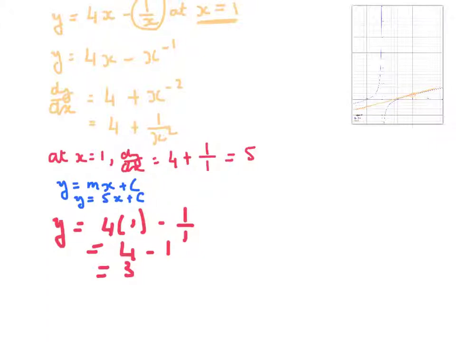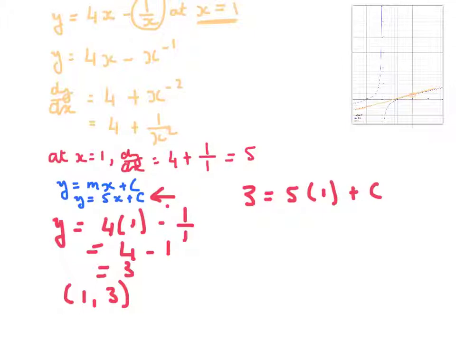So the tangent is going to touch the curve when x is 1 and y is 3. Now I can substitute (1, 3) into this equation, and what I get is 3 equals 5 lots of 1 plus c.